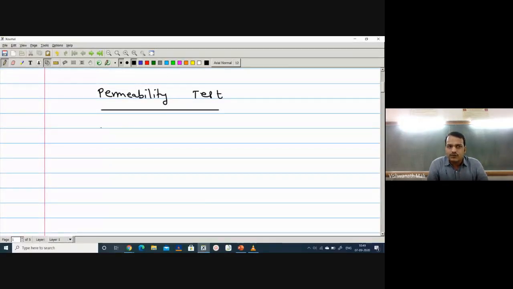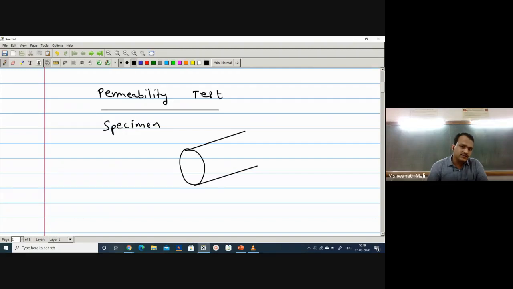For that, we need to prepare a specimen, a cylindrical sample of molding sand. This is a sample of what? Molding sand, whatever molding sand we are going to use. So we prepare the sample.